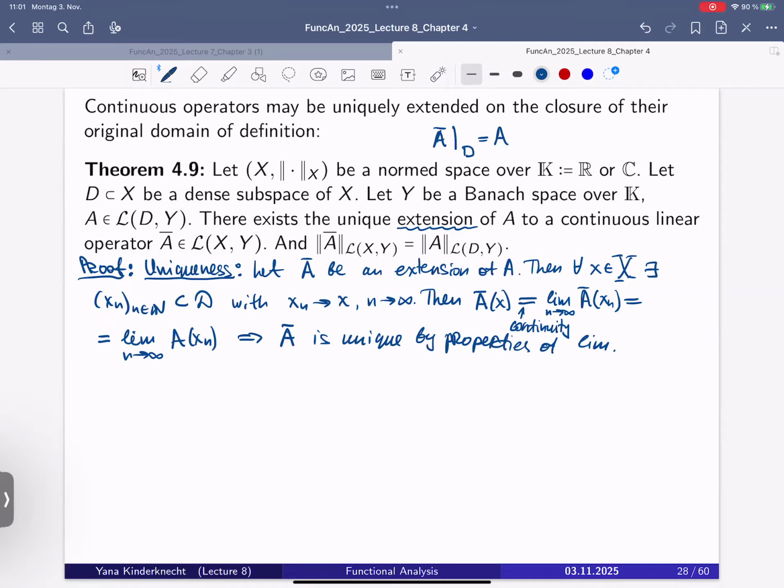Now we prove existence of such an extension.